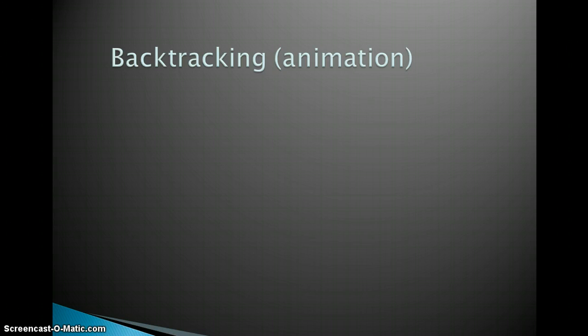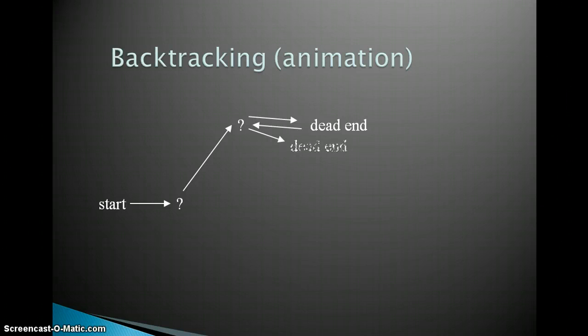Now we can show it as an animation. First, we start, then we reach a dead end. Dead end means in that leaf node there is no solution. Then we backtrack and go to the next child of that node. Again we find a dead end.